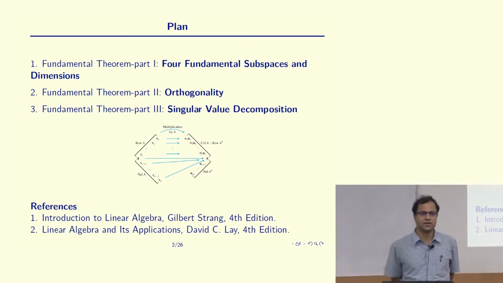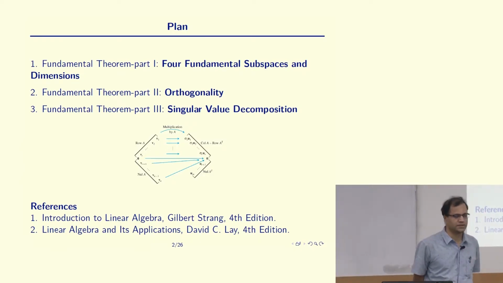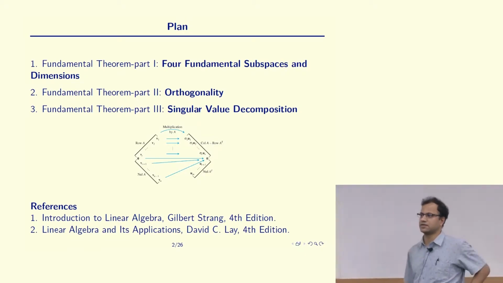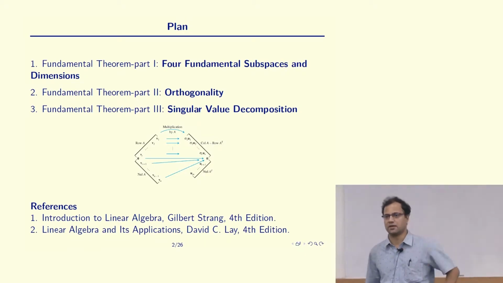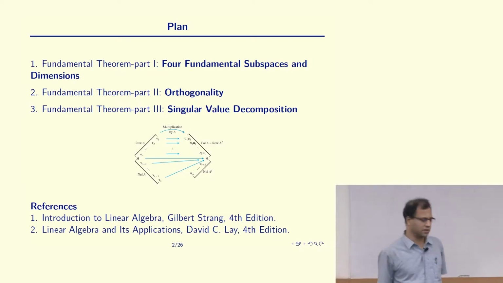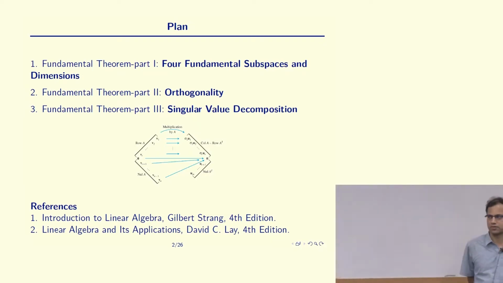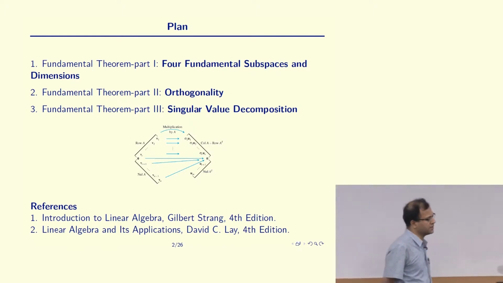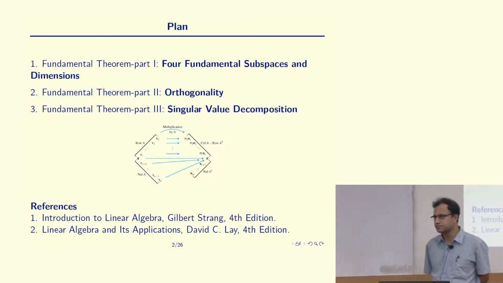In the second lecture, we had seen the geometry between the fundamental subspaces. That's the orthogonality, and we had also one application of that in the projection or in the least square approximation, right? So today we will see the third part of the fundamental theorem of linear algebra.